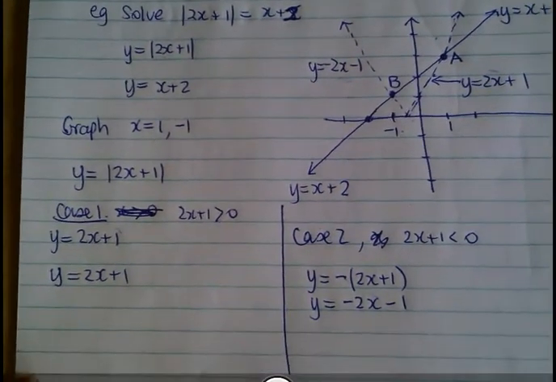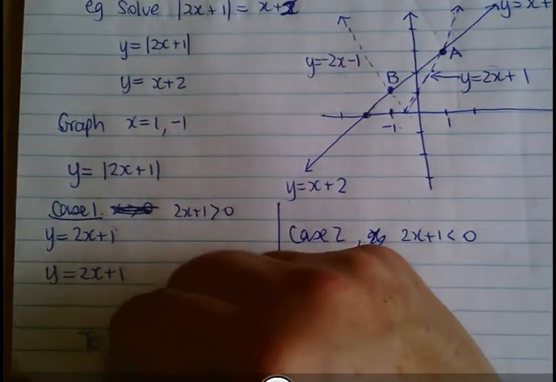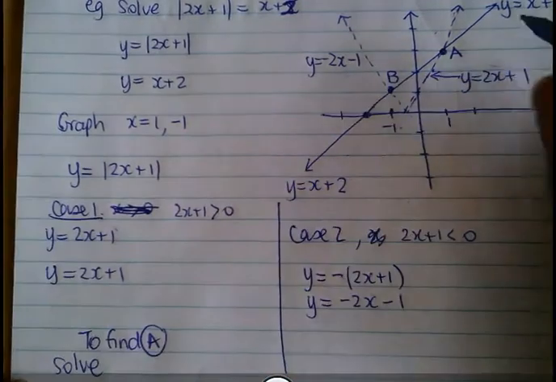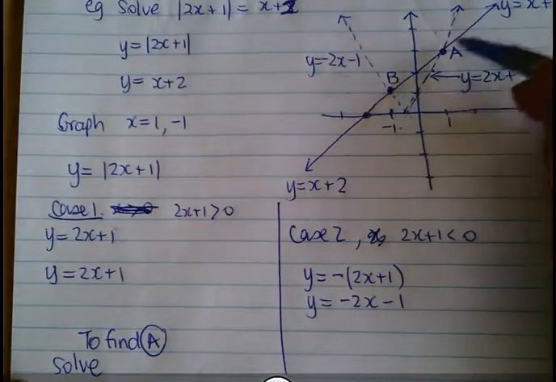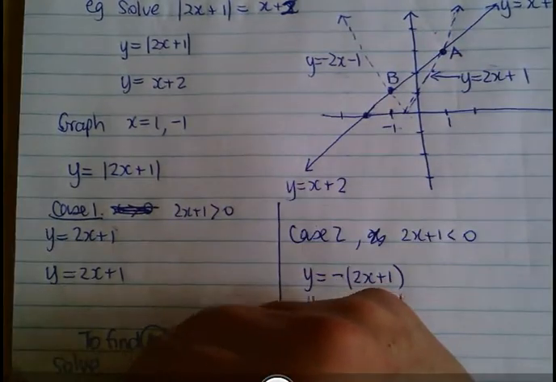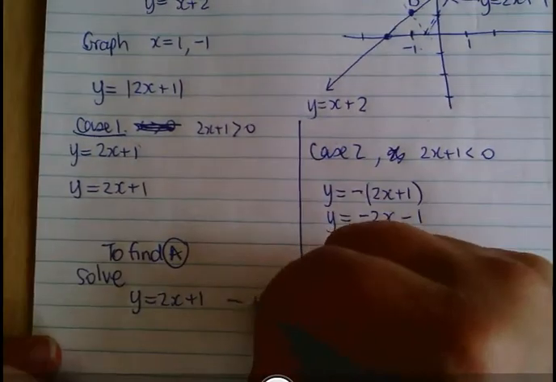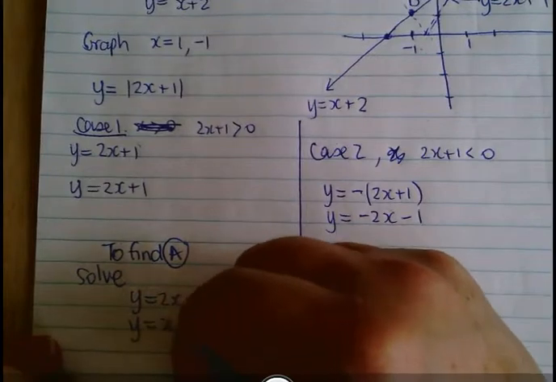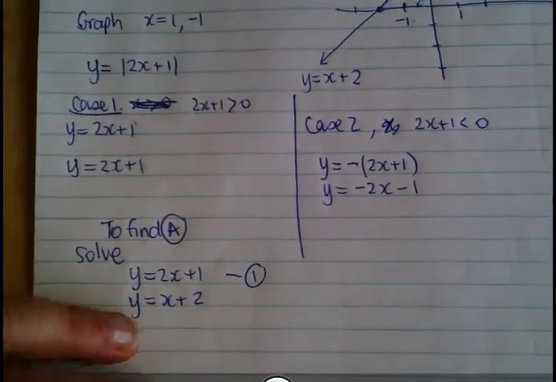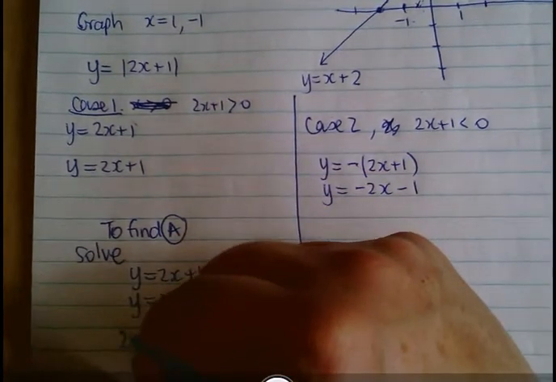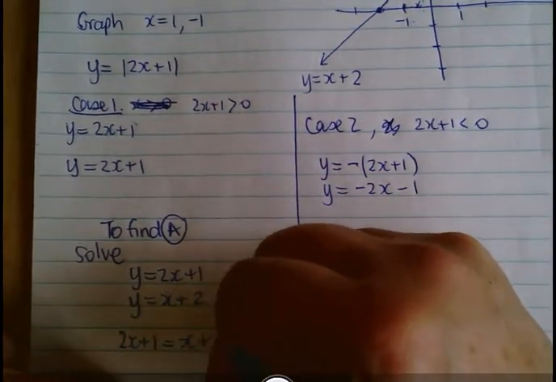So to find point A, we solve these two equations simultaneously. We solve y equals 2x plus 1 with y equals x plus 2. Because they're both y equals, I can just go 2x plus 1 equals x plus 2.